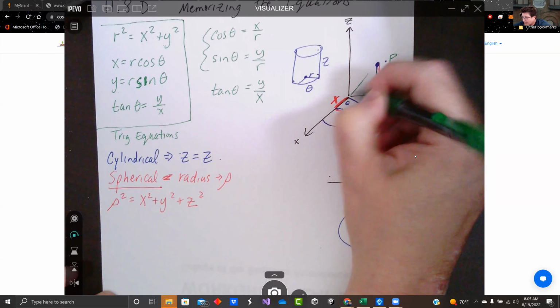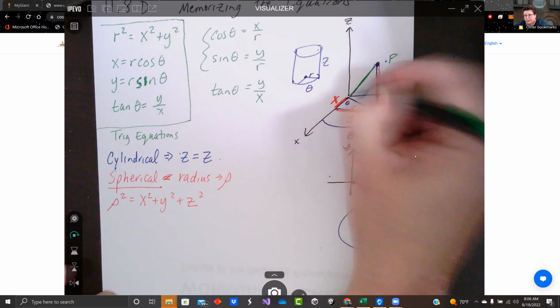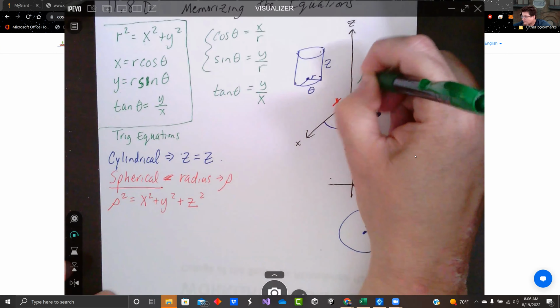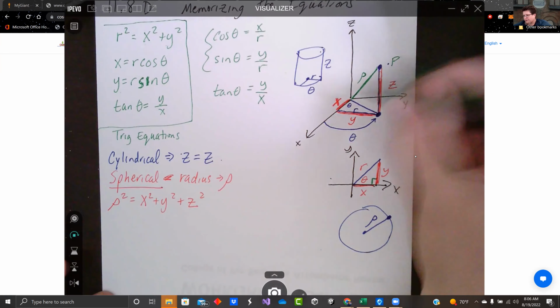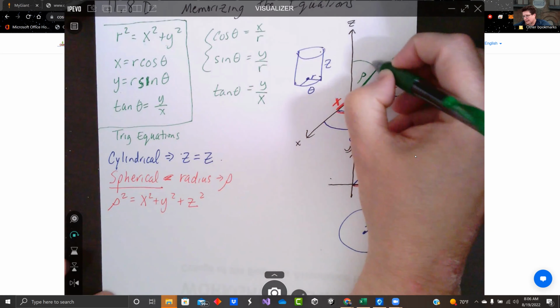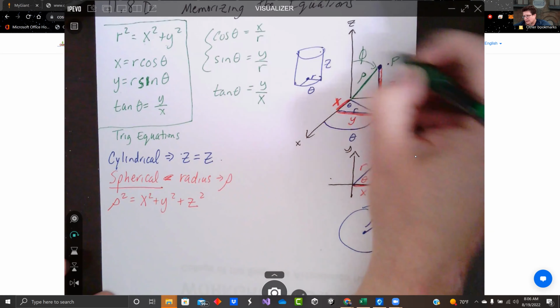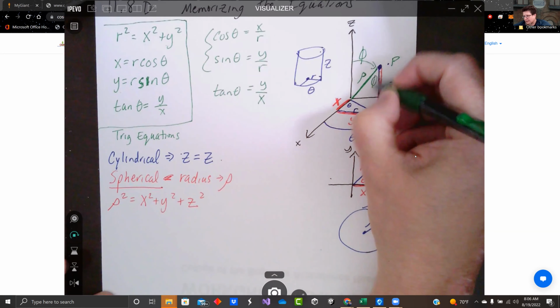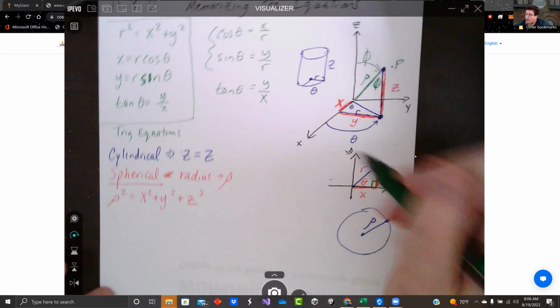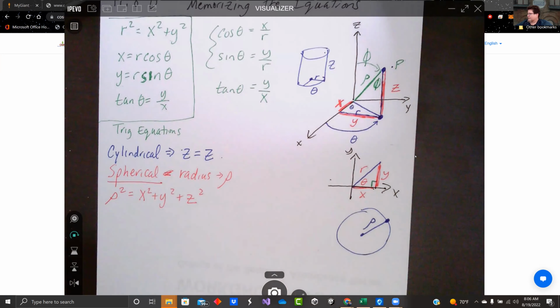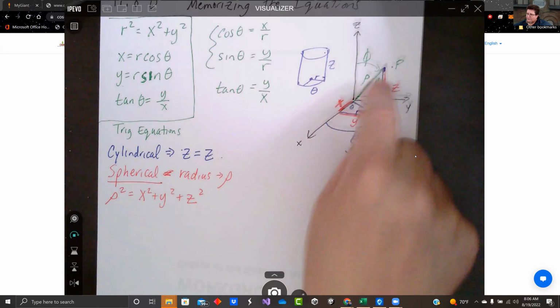If we look at the picture and we draw in, this would be rho right here. The angle phi is off of the z-axis, and that makes it this angle right here. The important thing you need to remember is the addition of the phi part.